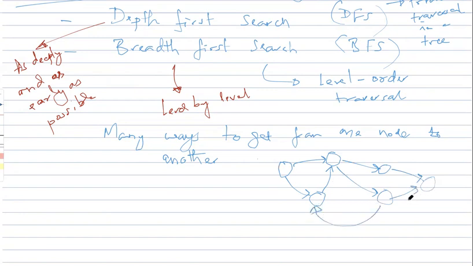So this is some graph. If I number them 1, 2, 3, 4, 5, 6, and I have to go from 1 to 6, I can go from 1 to 2, 2 to 5, 5 to 6. But I can also go 1 to 2, 2 to 4, 4 to 6. Or I may go 1 to 3, come back to 2, go to 4, come back to 3, go to 2, come back to 5, come back to 6. There are many, many ways of getting there.